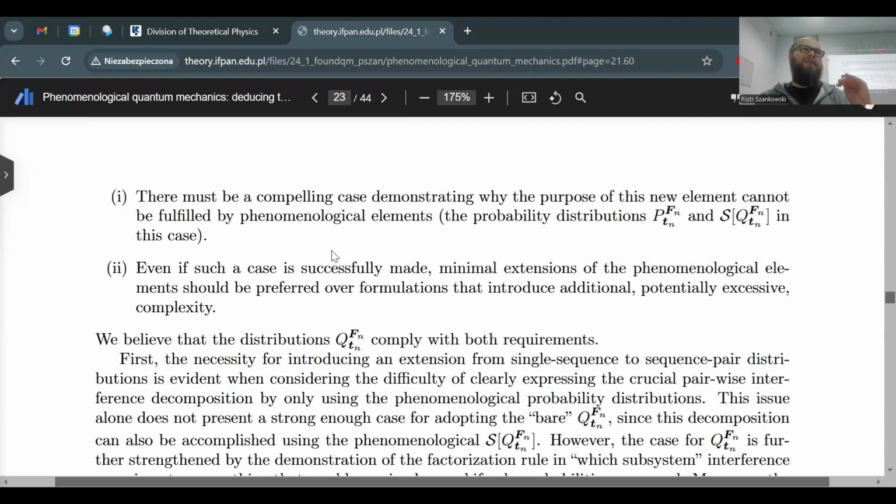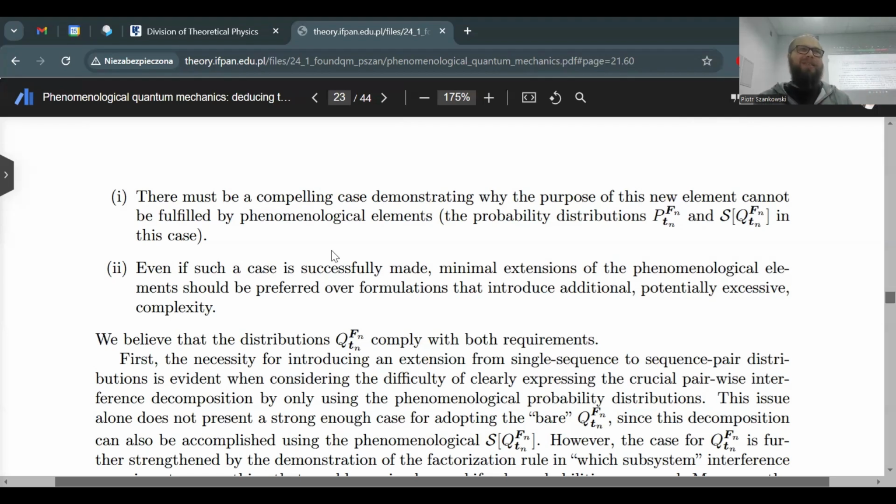Because if you parameterize something correctly, you can see the structure, which would be obfuscated if you write everything down with purely phenomenological stuff. So this is a good argument, I would say. This simplicity is a good argument.